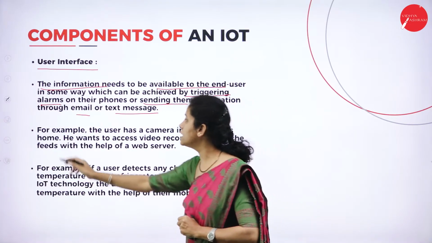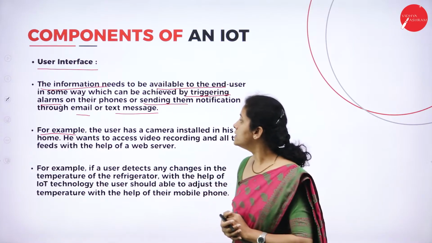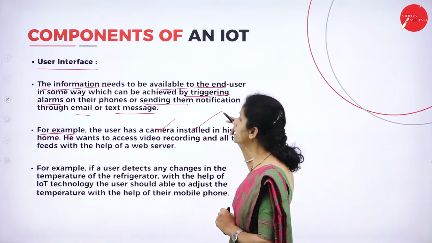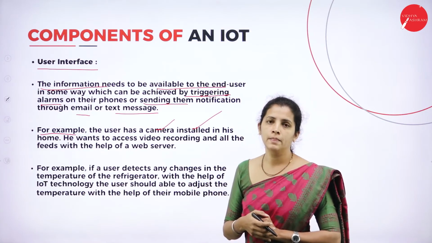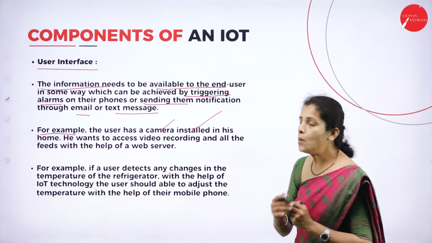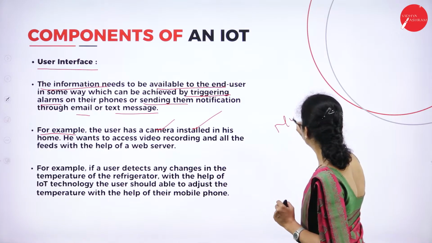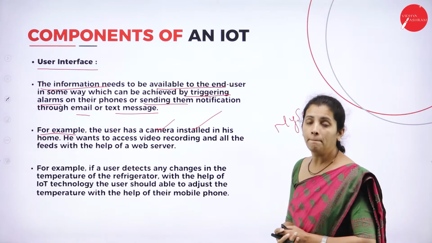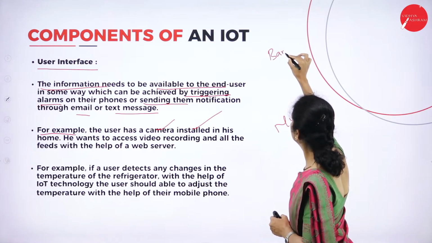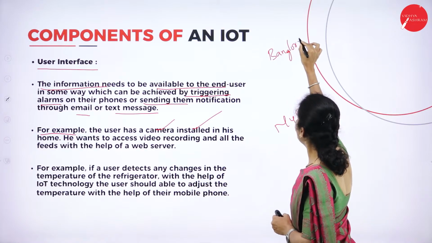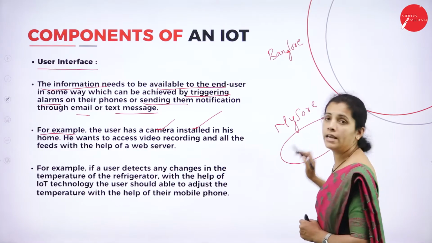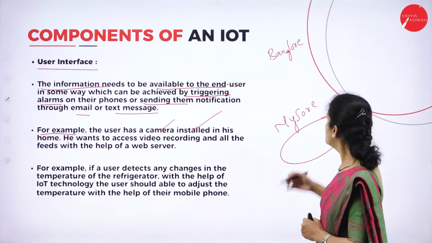Now let me consider an example here. The user has a camera installed in his home. For example, think that I have a home in Mysore, but I am staying in Bangalore. Now, I want to take care of the house which is in Mysore.